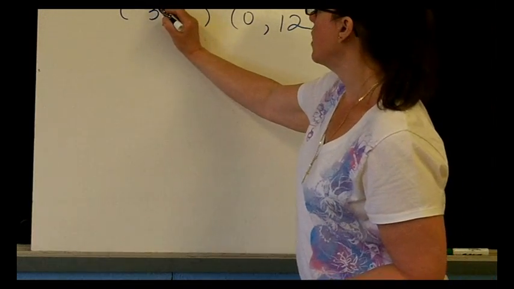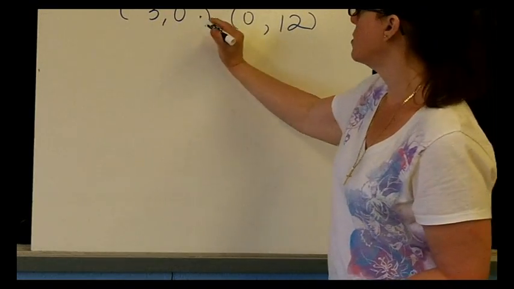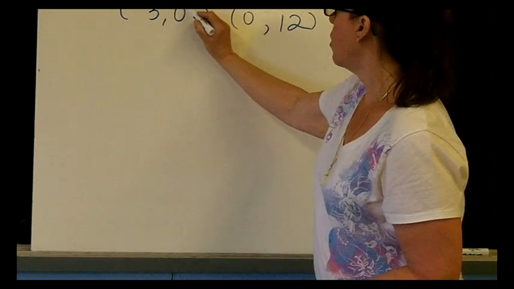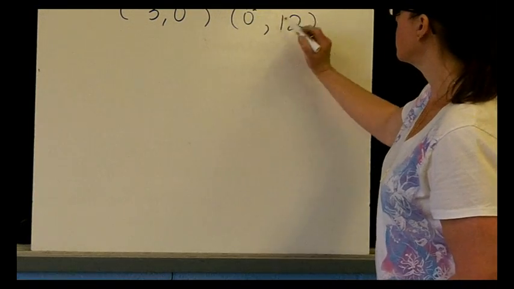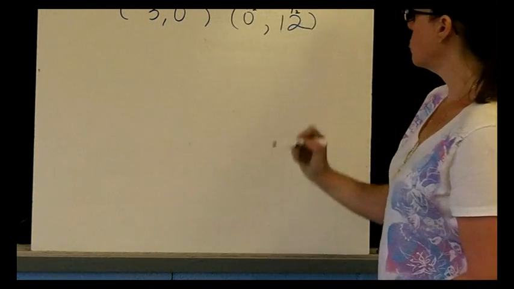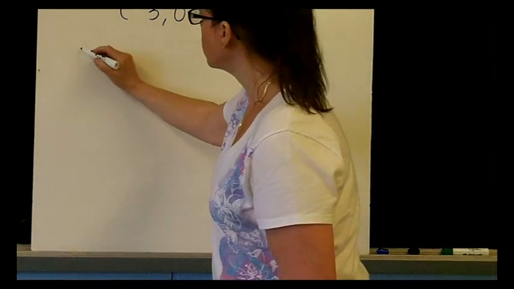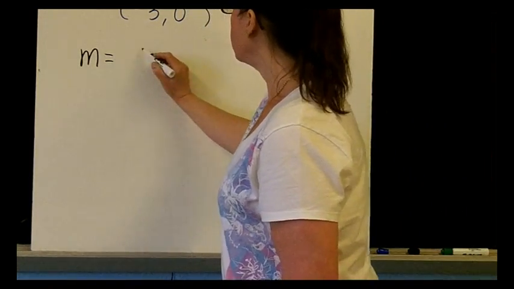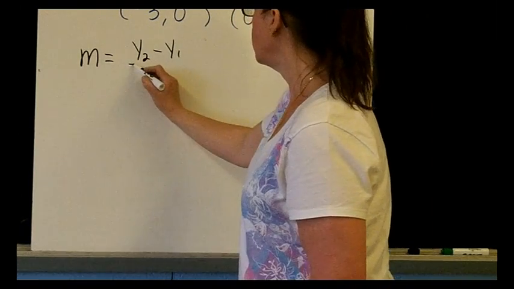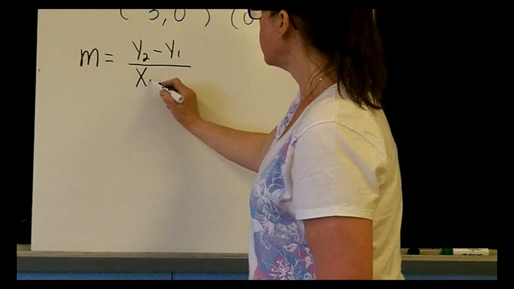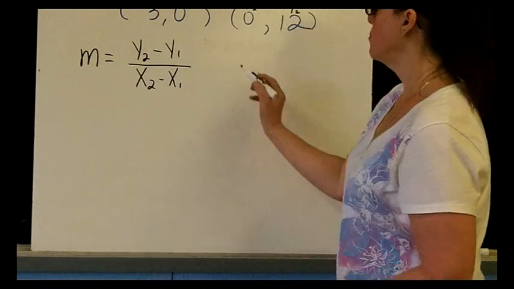I'm calling negative 3 x sub 1, and I'm calling its 0 y sub 1, which means this is x sub 2, and that's y sub 2. My next step is to, of course, write the formula. M equals y sub 2 minus y sub 1 over x sub 2 minus x sub 1.